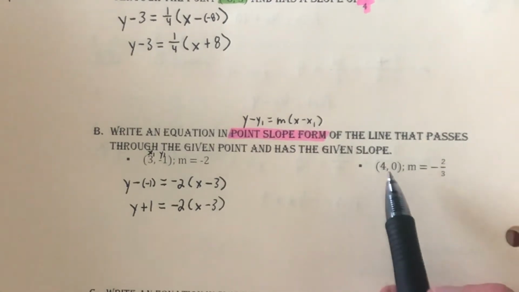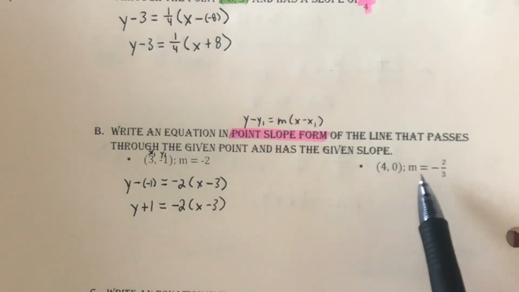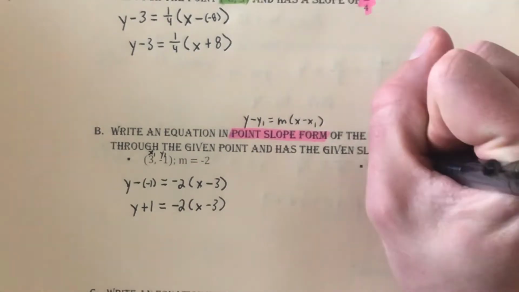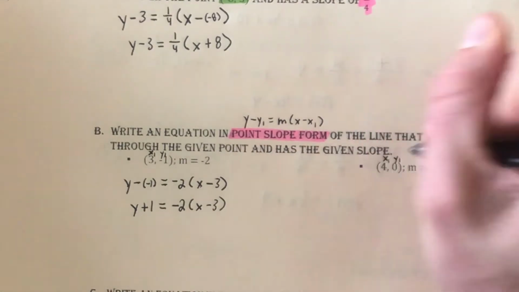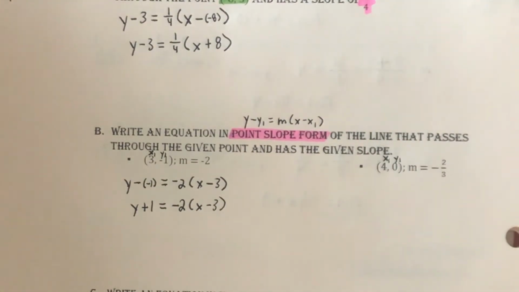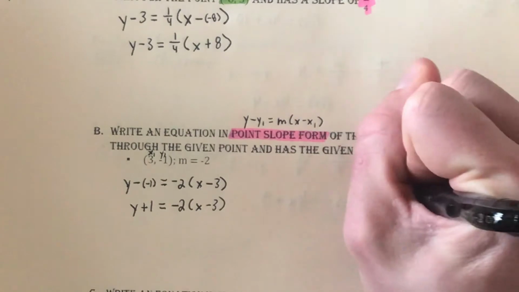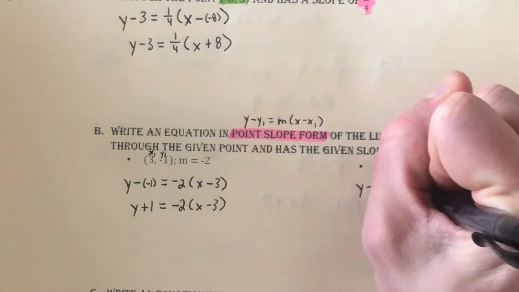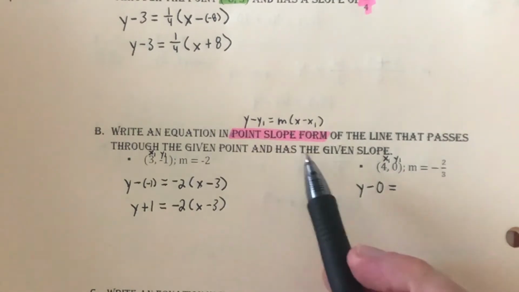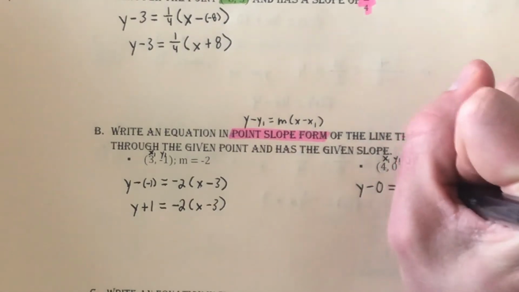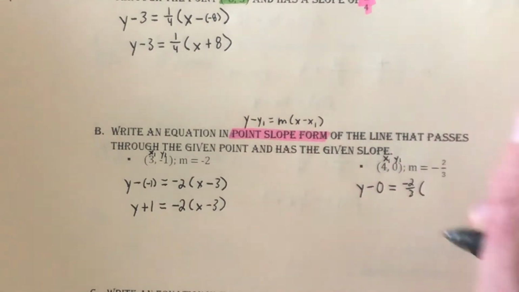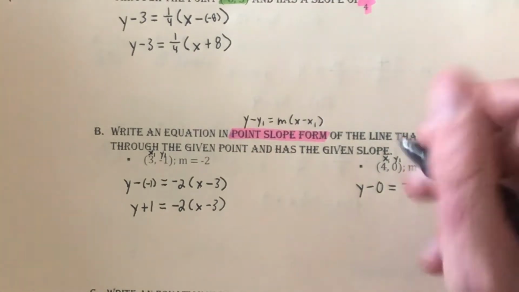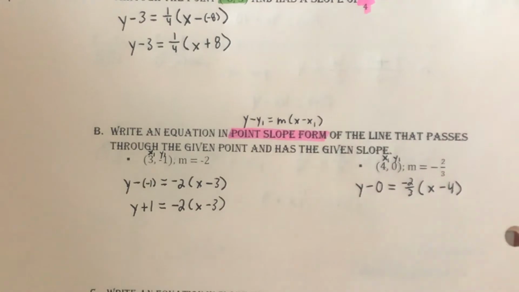So we've got a point of (4, 0) and then a slope m equals negative 2/3. So again, I'm going to label this as x1, y1, and I'm going to plug that information in. So I've got y minus y1, which is 0, equal to m, which is negative 2/3, times x minus x1, which was 4.